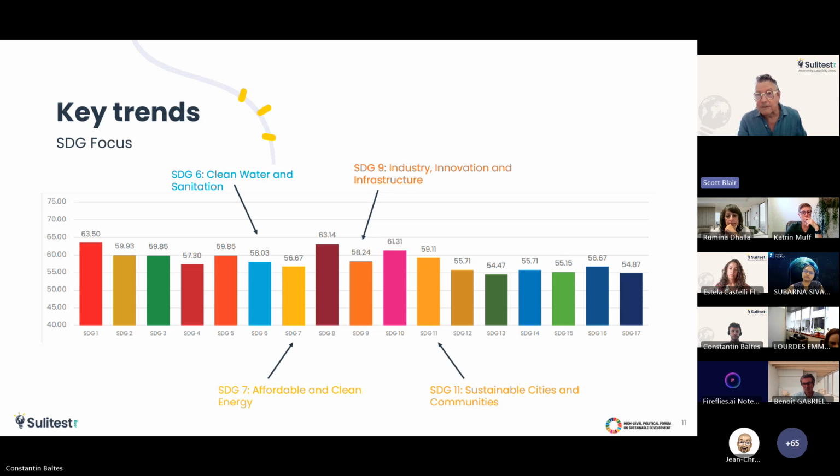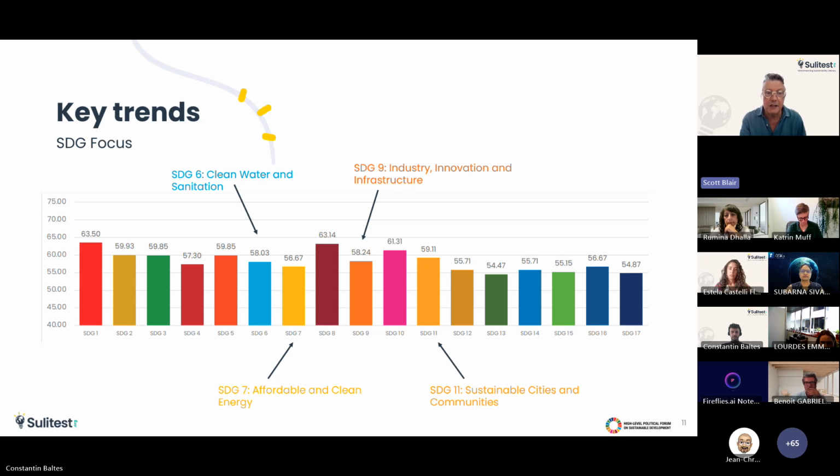Again, this might perhaps reflect students' relative strengths in more personally oriented concerns, issues, and concepts. The lowest scores are in SDG 13, climate action, SDG 17, partnerships for the goals, and SDG 15 on life on land. Again, concerns and issues that may be a little bit further away from student experiences.